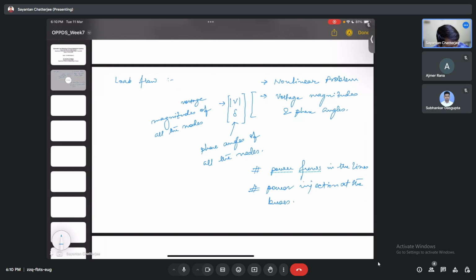And what is the need of finding out these power flows or power injections? There has to be a specific need, right? We could have been satisfied by finding the voltage magnitude and phase angles only.